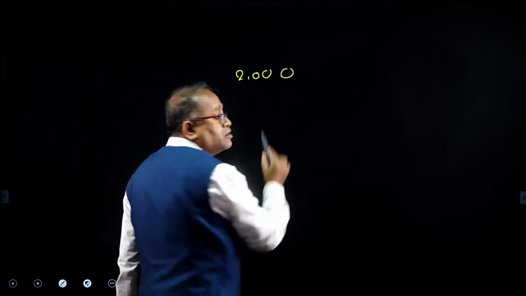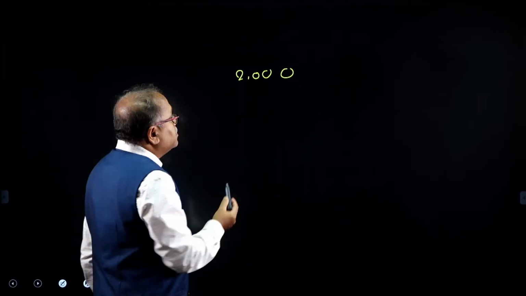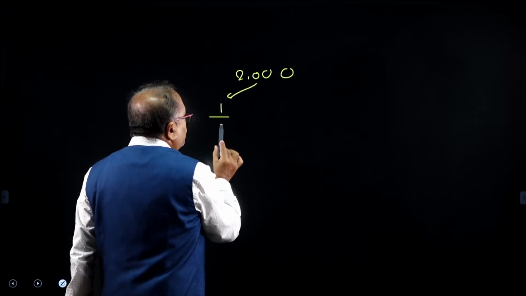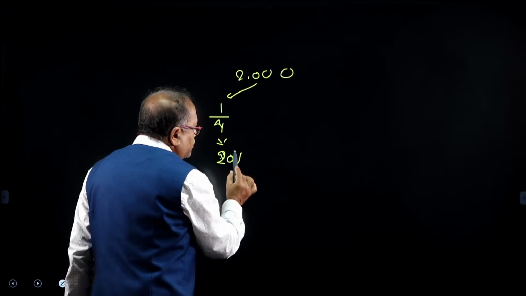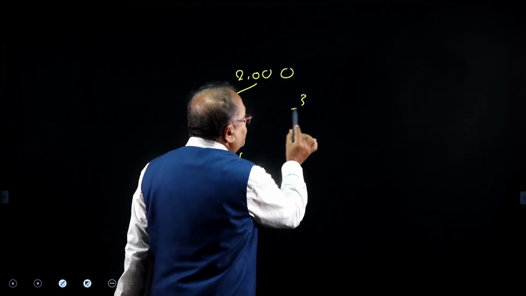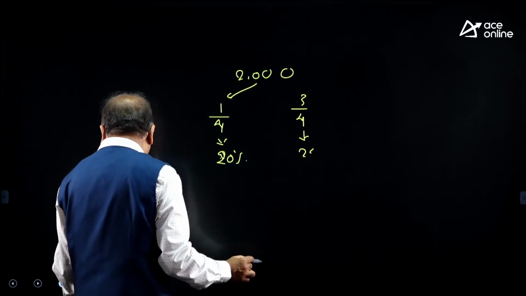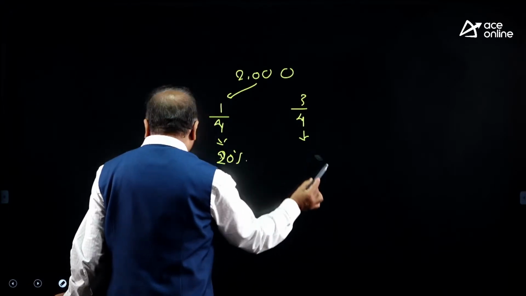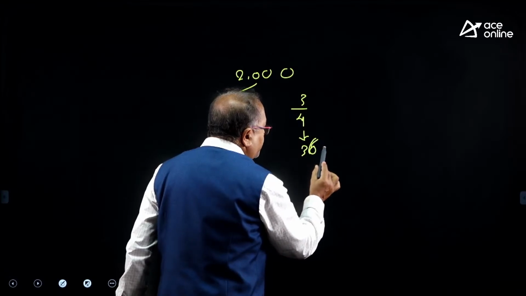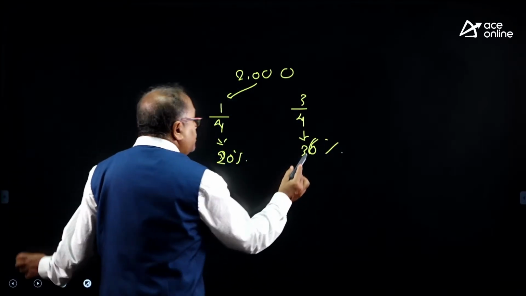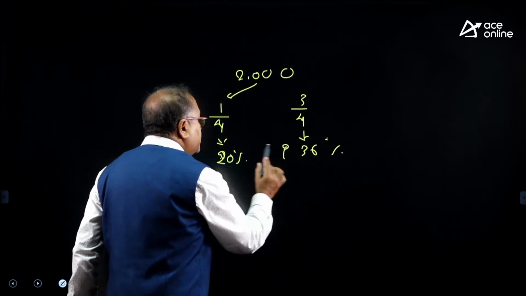He bought a few articles for rupees 2000. 1/4 of it he sells at a profit of 20%, and the remaining 3/4 of it he sells at a profit of, let me take another number, 36% profit. I am sorry for overwriting. Here it is profit, here it is profit.